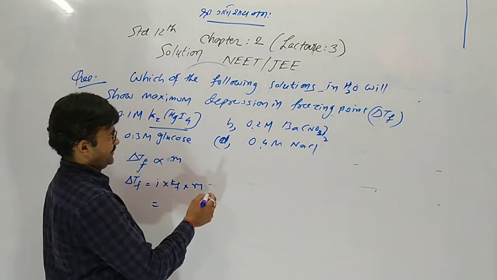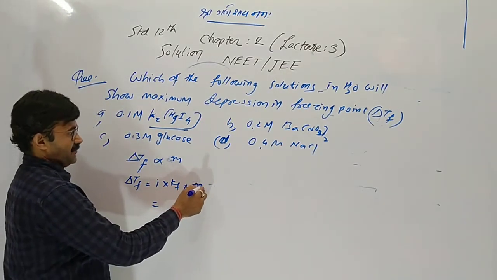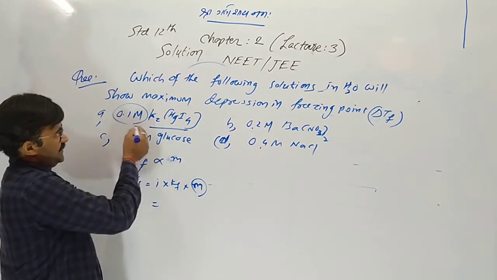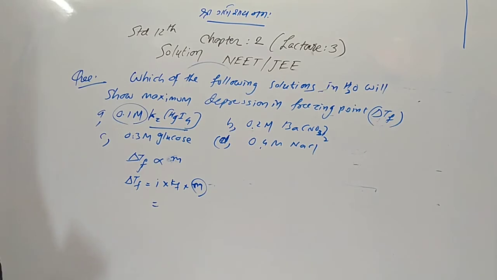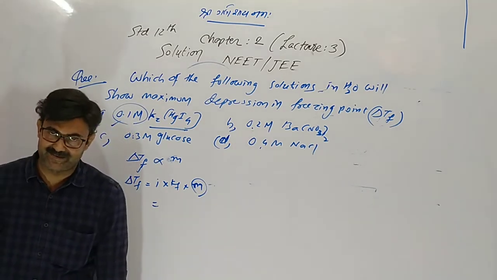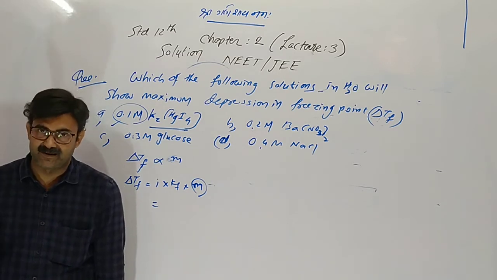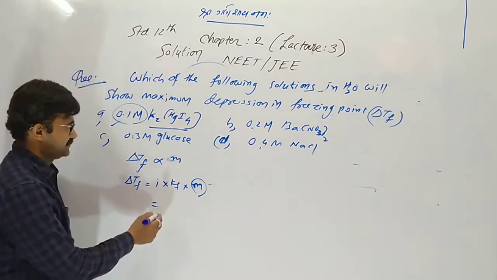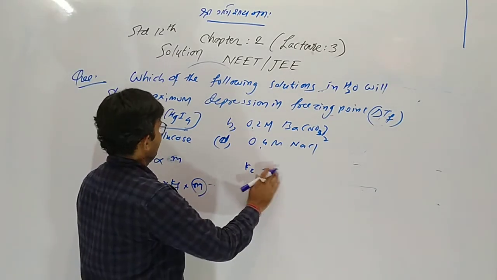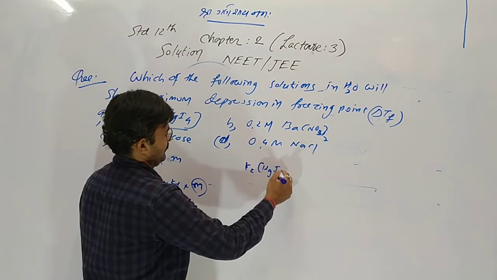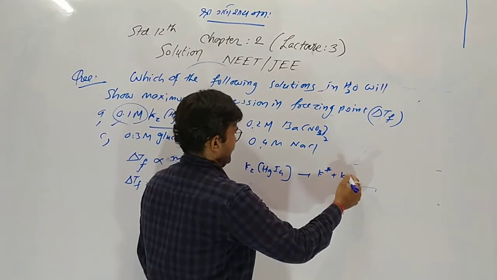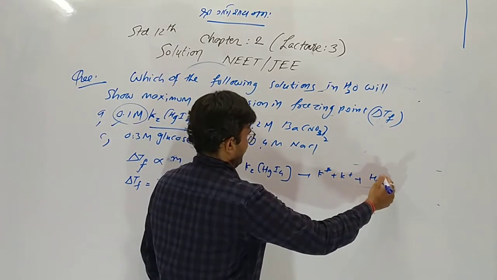Now remember once again, the m in the formula is molality, but here it is molarity. No problem. Whenever concentration is low, we can take molarity as molality. Here, the van't Hoff factor for K2HgI4: ions in the bracket never ionize.